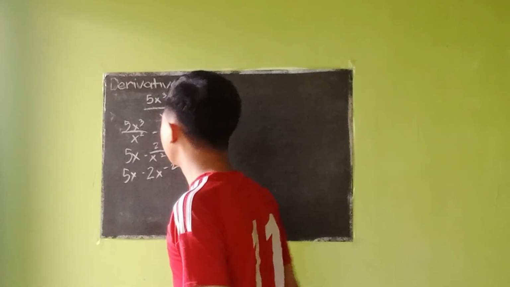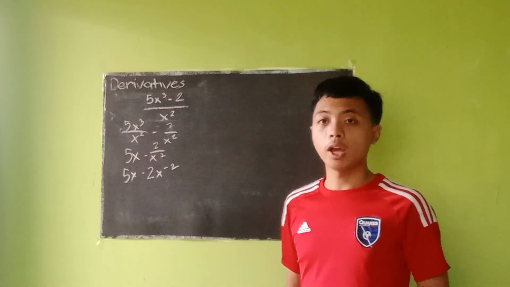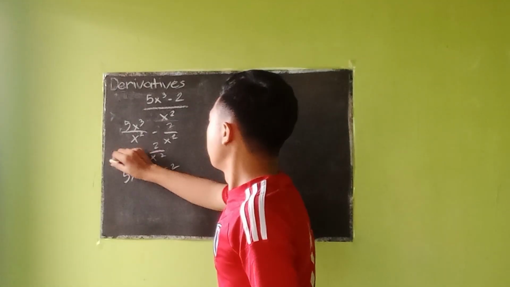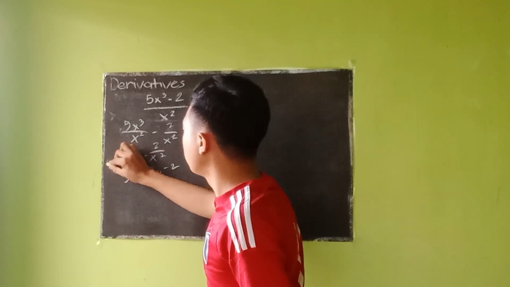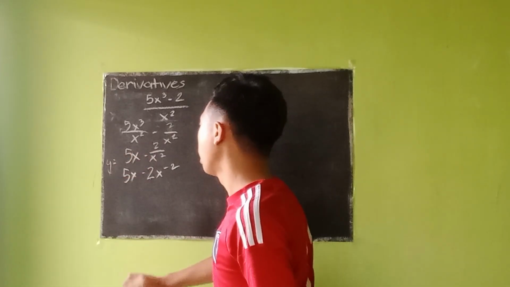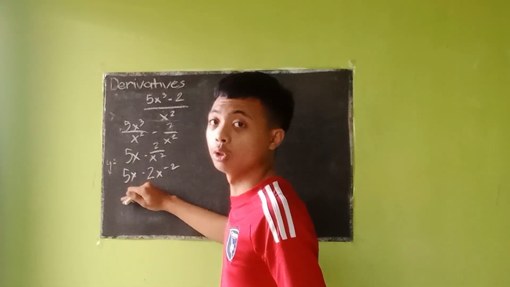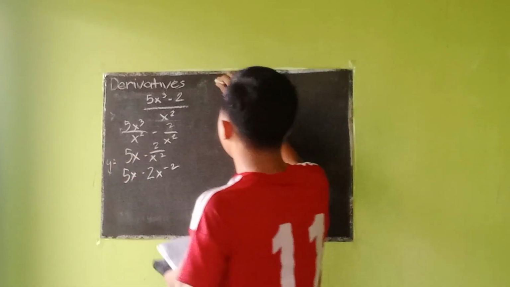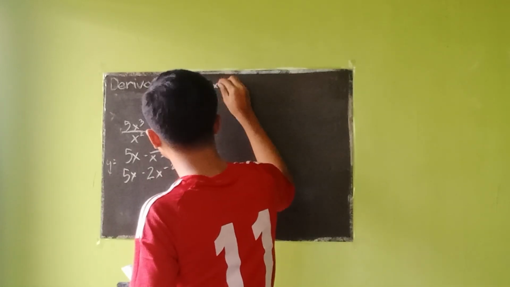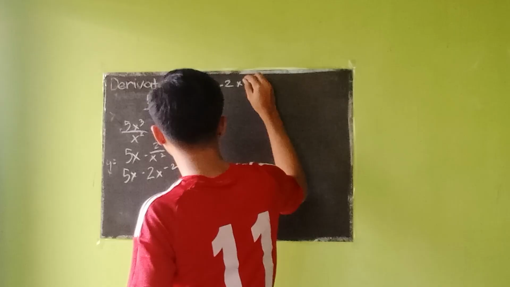So we have 5x minus 2x raised to the power of negative 2. This will now turn into y, which will be useful for later, and this one will be used for our solution. Now let's write it down. 5x minus 2x.